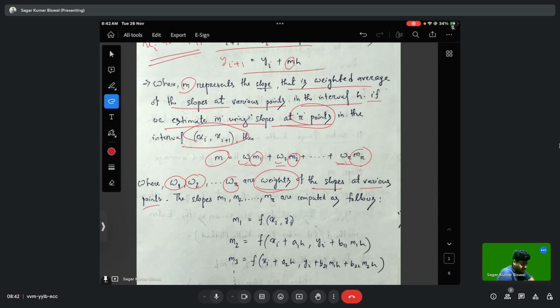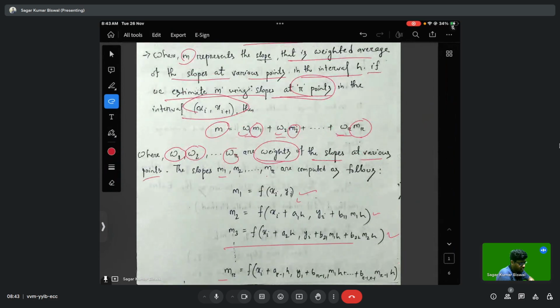You can search for it in the book, right? In the suggested book you may find it. So the slopes m1, m2, mr are computed as follows. Here I have written this formula. You don't need to worry about them.